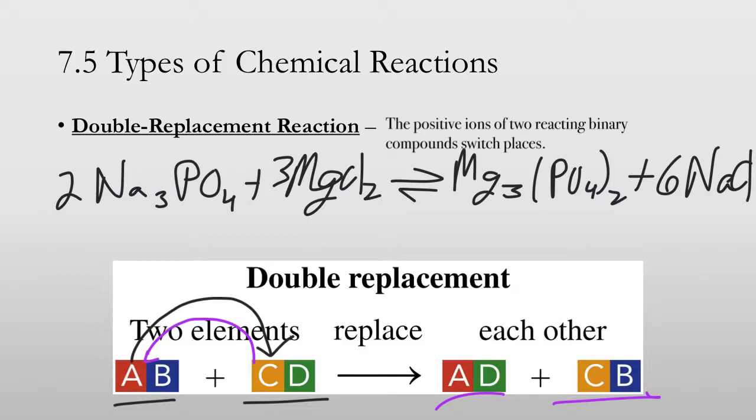And so you can see in this double replacement, the sodium, which was with phosphate, has been replaced by the magnesium. And the magnesium, which was with the chlorine, has been replaced with the sodium.